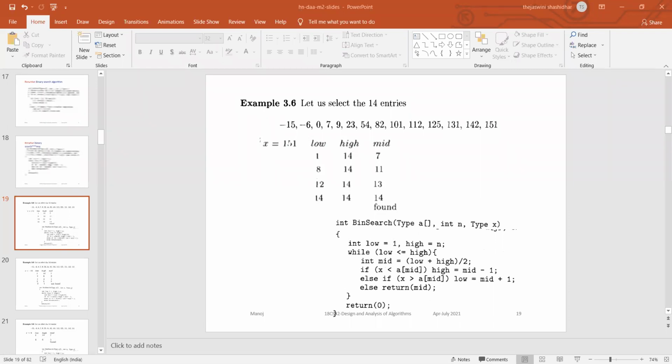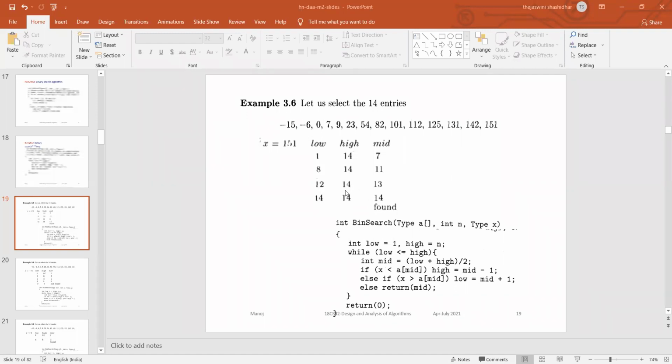Again, the key element is greater than the middle element, so go with low is equal to mid plus 1. The middle element here is 11, so 11 plus 1 is equal to 12. Now you go with low 12, and high remains 14.